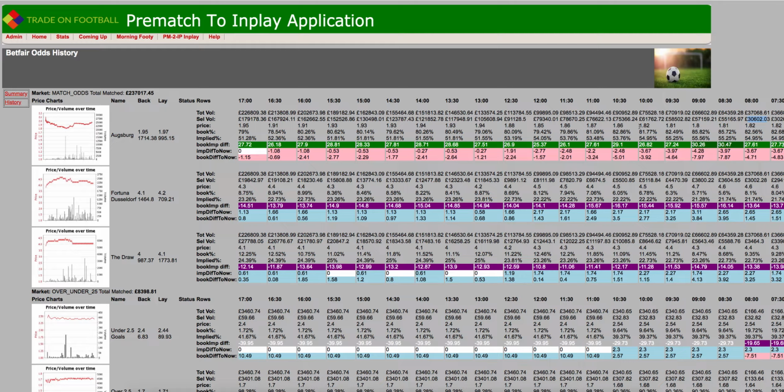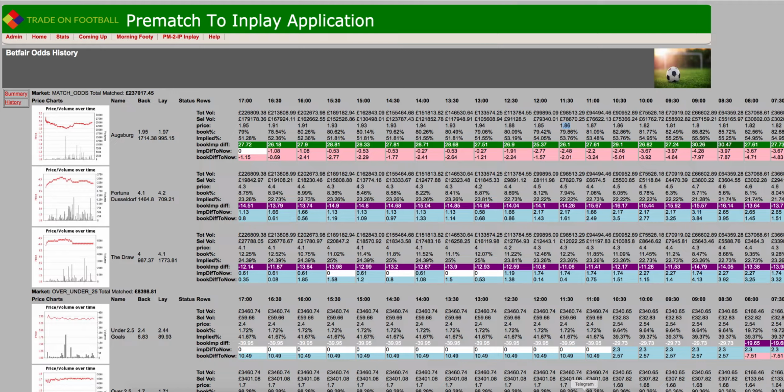Once it hits that 4 pinks, it will highlight that this is a potential lay. So if we were to lay at 1.87, 1.86, then obviously you'll have a stop loss around 1.83, and then you just see how the trade goes.